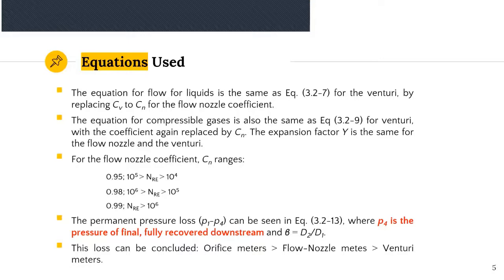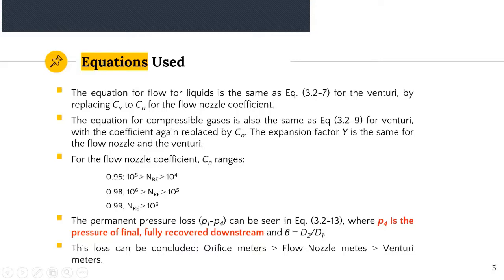Again, similar to the venturi meter, there is also a permanent pressure loss. It's P1 minus P4. For venturi, it's P1 minus P3, right?